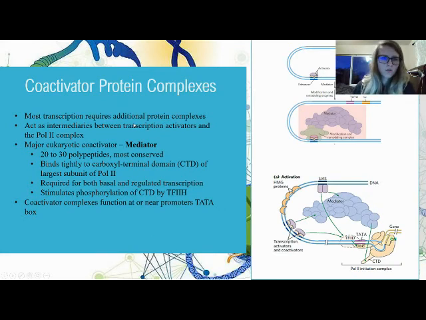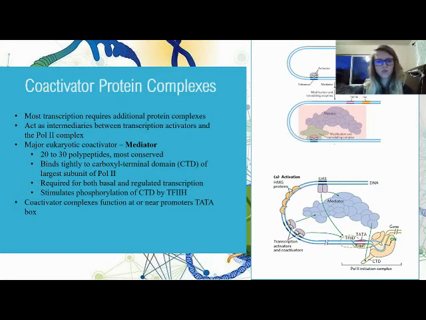Coactivator protein complexes. Most transcription requires additional protein complexes, as I mentioned earlier. These act as intermediates between the transcription activators and the polymerase II complex. A major eukaryotic coactivator is the mediator. It's 20 to 30 polypeptides long and highly conserved.